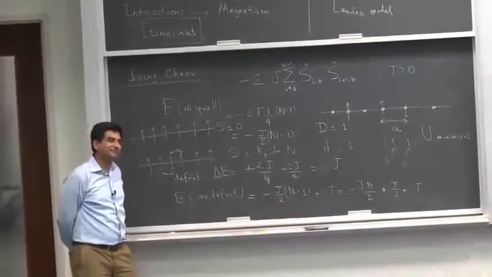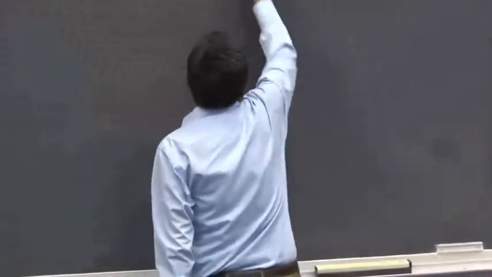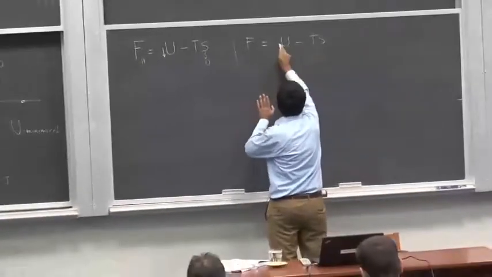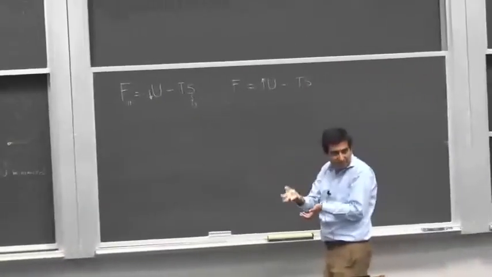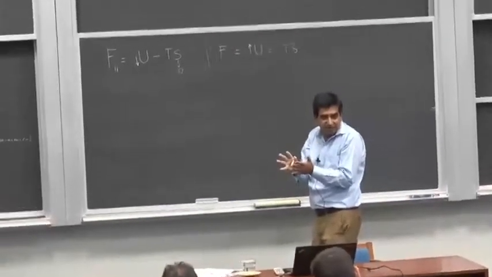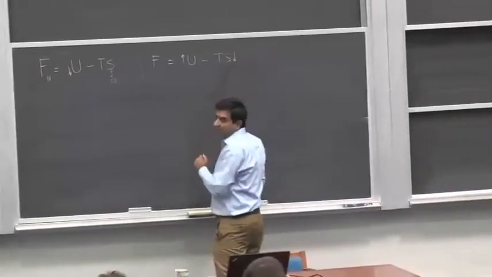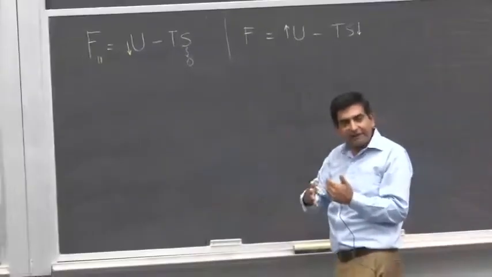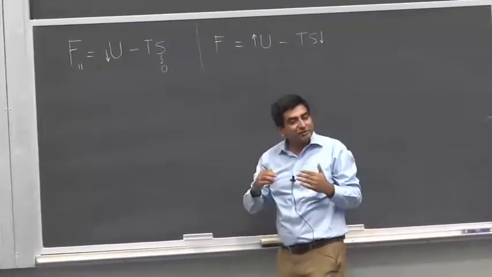This is a high entropy state, which means that F is U minus TS. Now, having one defect increases this energy by some units, by J or J by 2 or some units of J. However, the defect has raised the entropy by quite a lot, kB natural log n. And if n is large, the gain in entropy is extremely large.